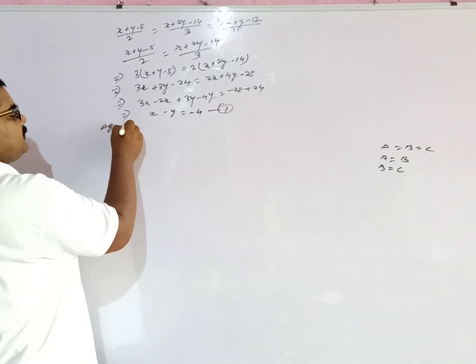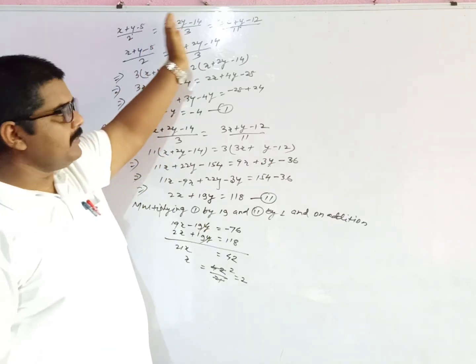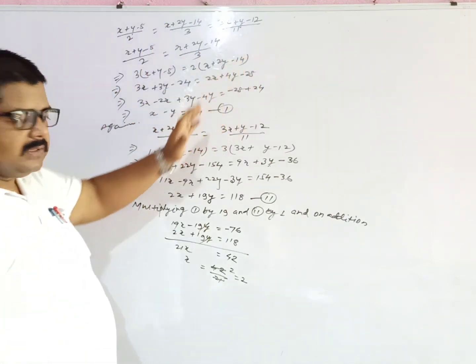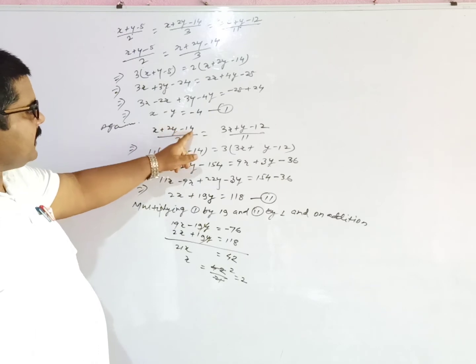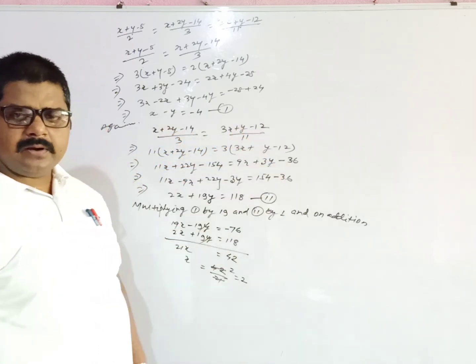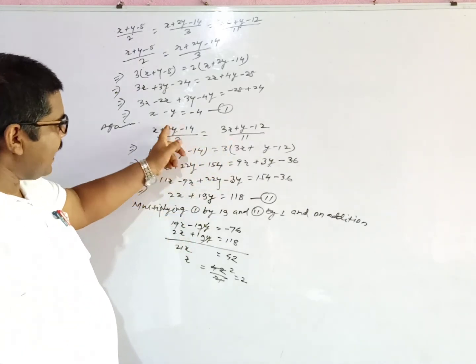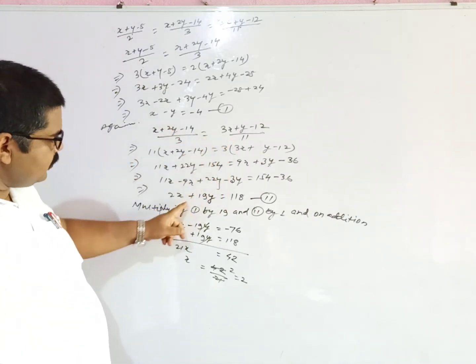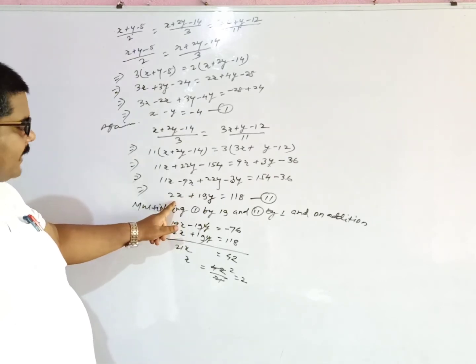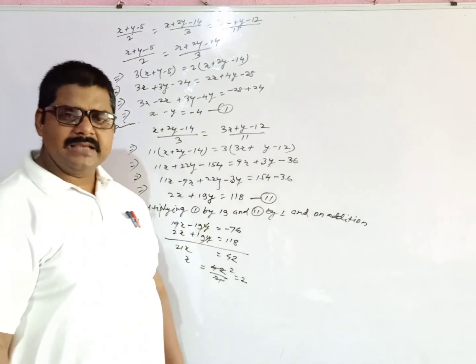Similarly, you can take the second term equal to the third term, and by this way x plus 2y minus 14 upon 3 is equal to 3x plus y minus 12 upon 11. By cross multiplication, when you solve, you get 2x plus 19y is equal to 118.